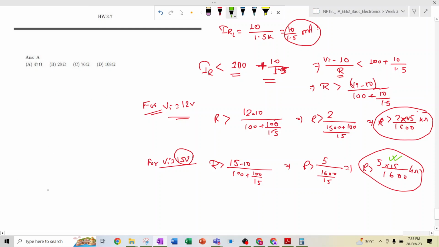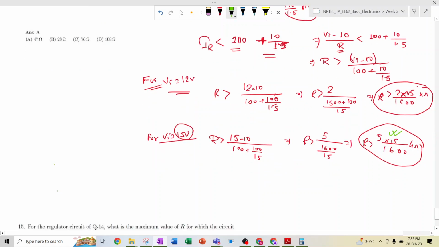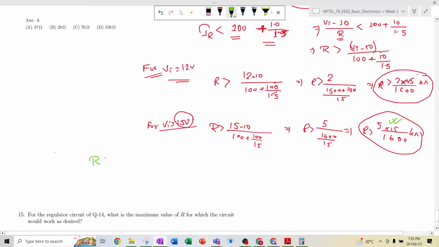So for this case, the appropriate resistance should be 5 into 15 divided by 1600 kilo ohm. Kilo ohm means we can multiply by 1000, so these cancel out. This is 5, this is 8, right?